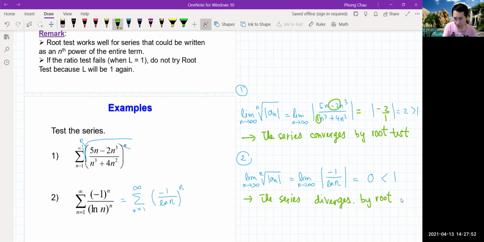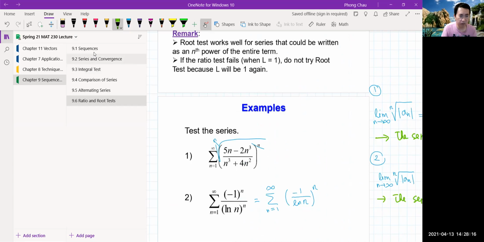Now notice that we have many tests, so each time we conclude the series converges or diverges, be sure to name the test. Which one are we using? Based on what test or what type of series. All right, so that basically finished the section. We have several sections actually from 9.2 through 9.6 with 10 different tests actually.